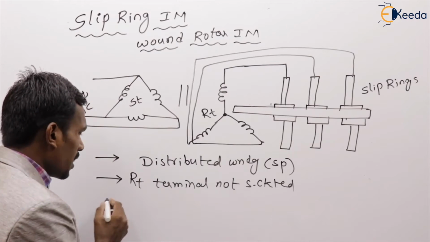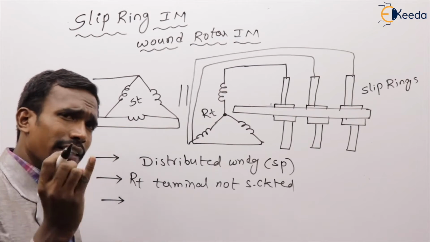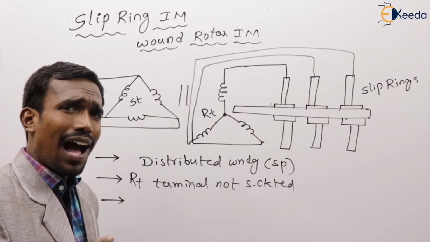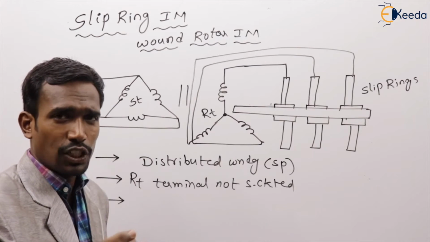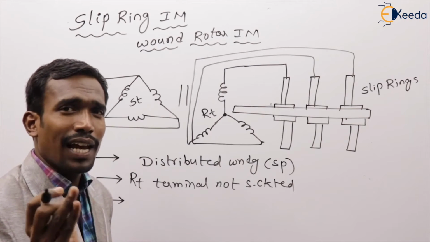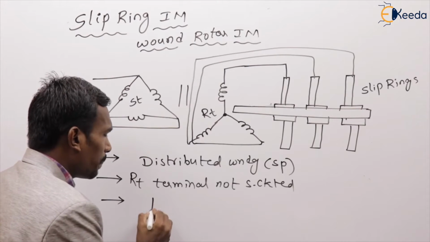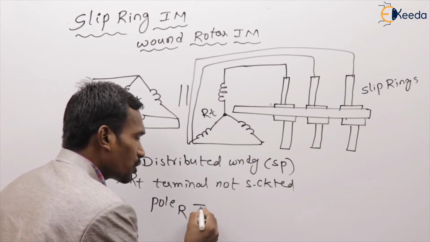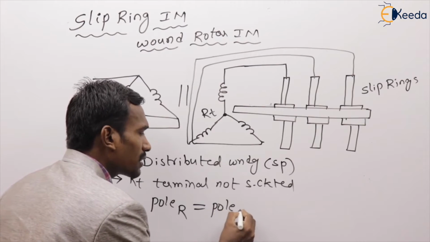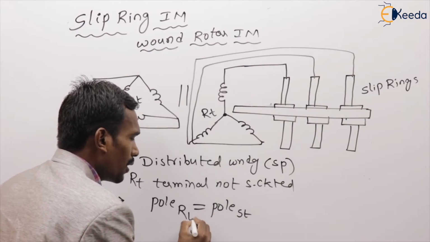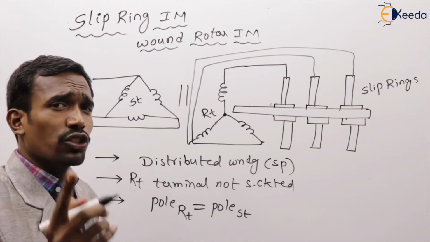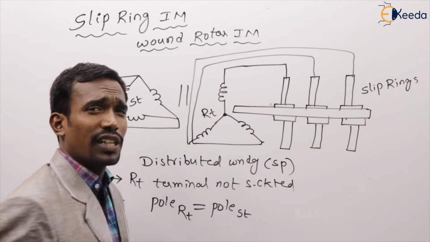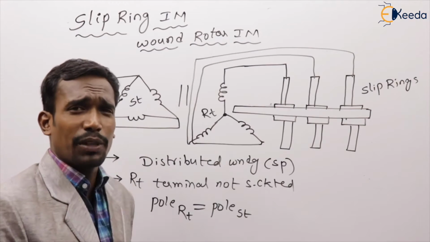Next, generally in an induction machine as well as in a synchronous machine, the poles of the rotor must be equal to the poles of the stator in any AC machine.